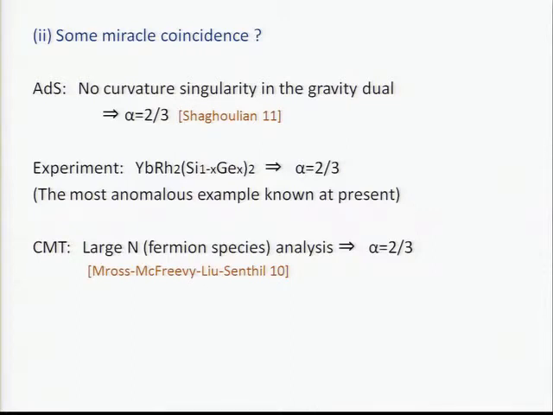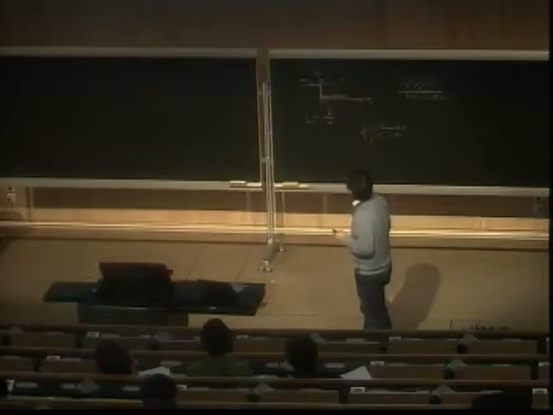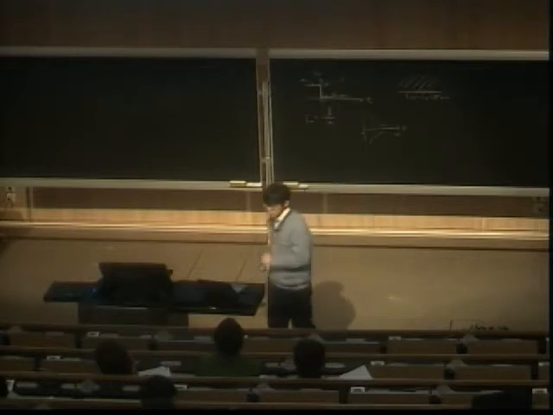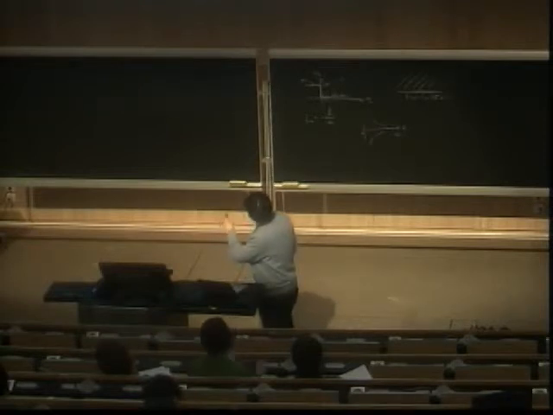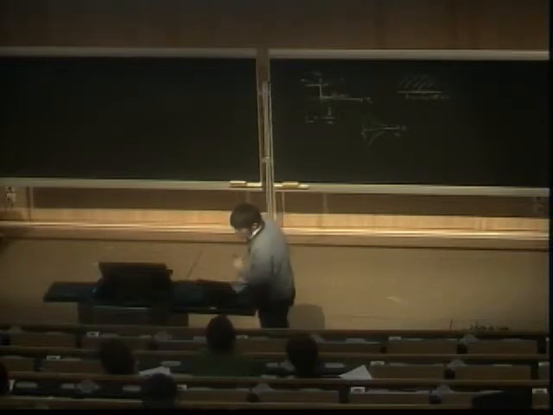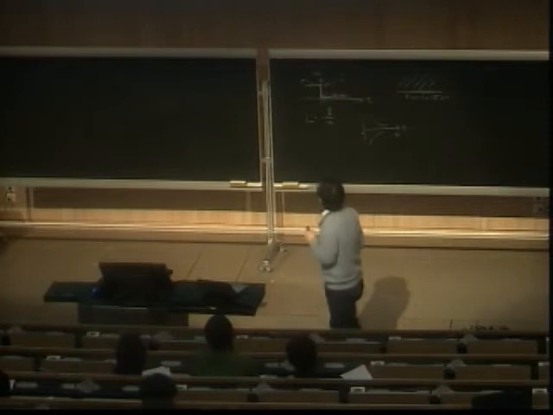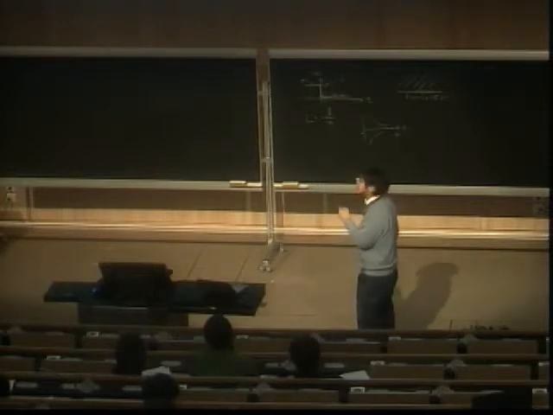Also, interestingly, if you look at real materials, there is a famous anomalous example among these non-Fermi liquids, the strange metal phase, which is described by a compound of yttrium and so on. In this case, the experimental data predict precisely this 2/3.